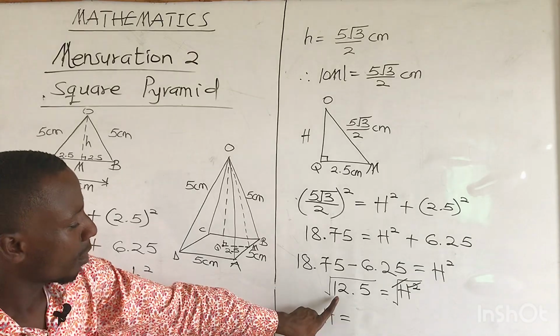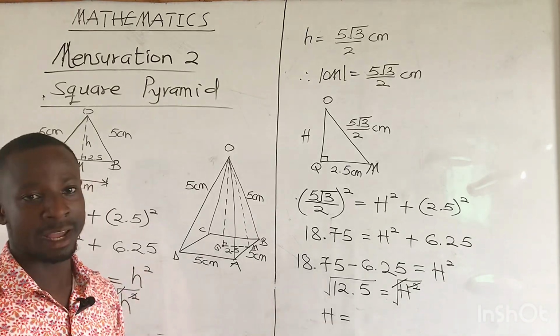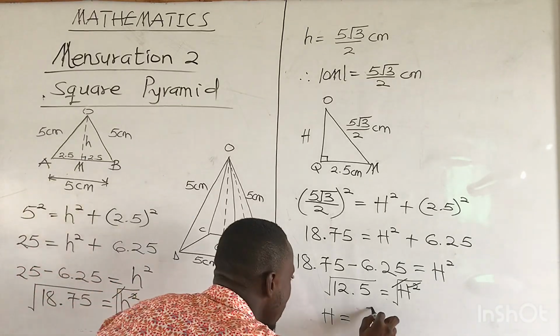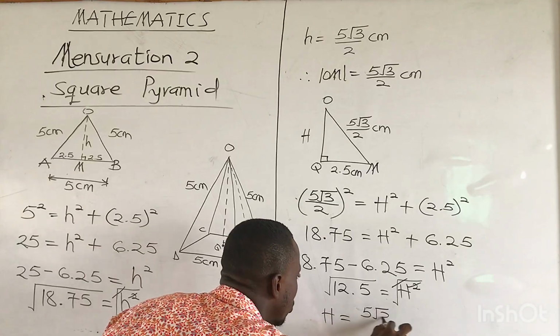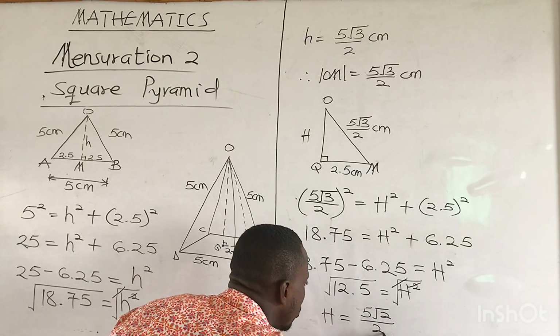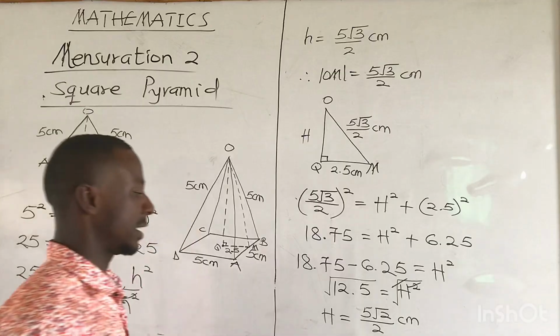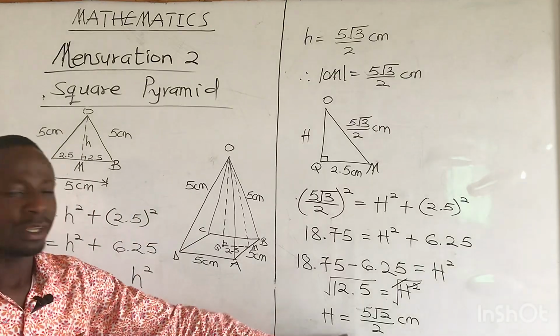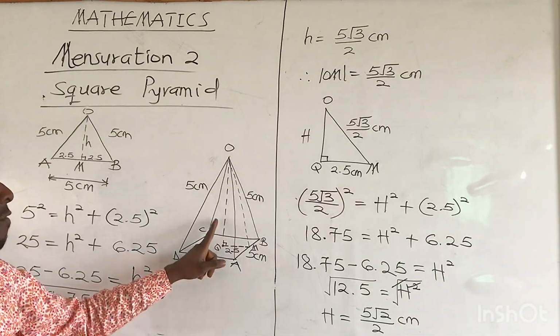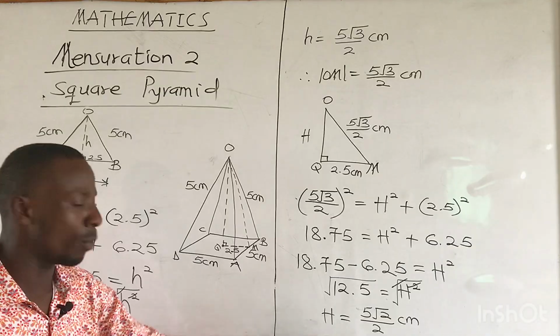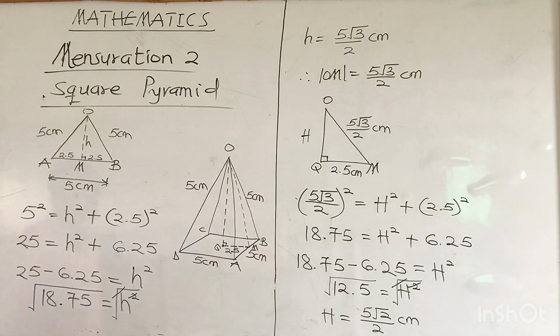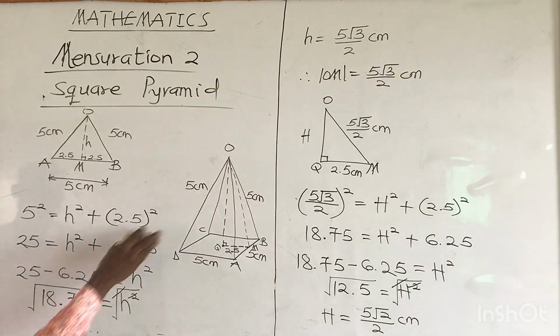And root of 12.5, we are going to get 5 root 2 all over 2 centimeters. And this will be the height of the pyramid. So let me make a conclusion.